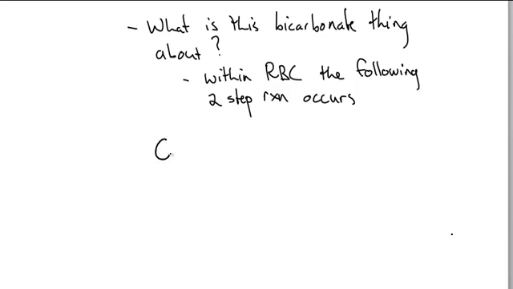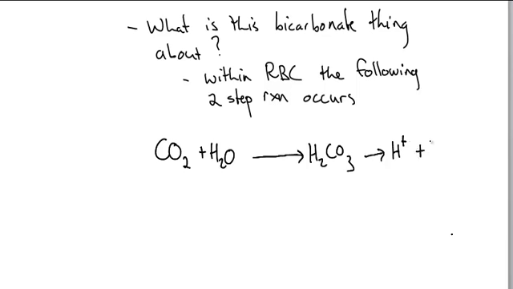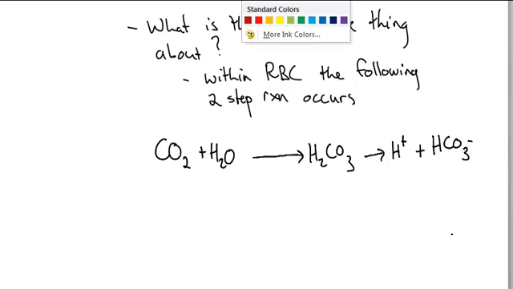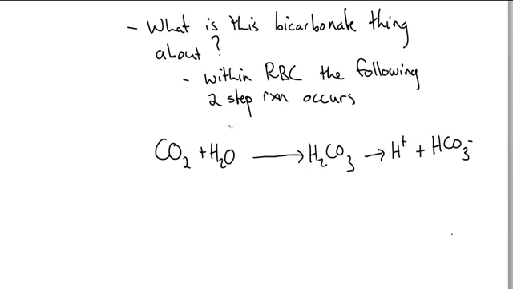As you get increasing CO2 levels in your blood, it reacts with water and it is converted into what's called carbonic acid, H2CO3, which immediately dissociates into hydrogen ions plus bicarbonate ions, HCO3 negative. Okay? And in your red blood cell, we actually have an enzyme called carbonic anhydrase that facilitates this reaction. Okay?